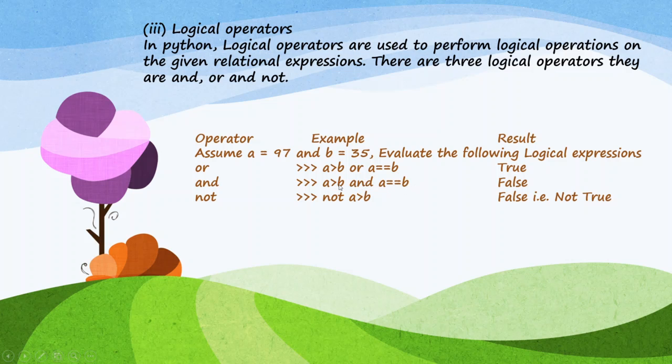A greater than B should be true, as well as A equal to B should be true. Here we know that A is not equal to B, so we get false. Not A greater than B. So here we know that A is greater, so we get false, that is not true.